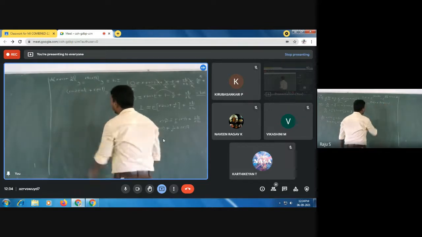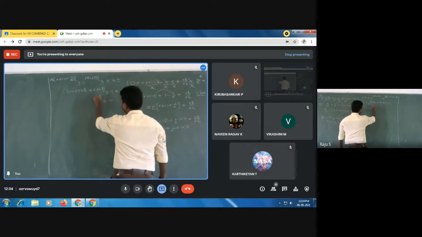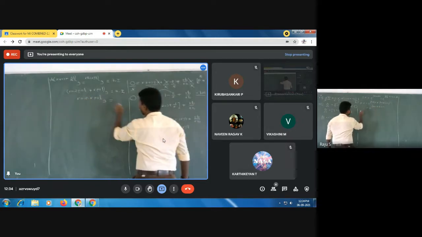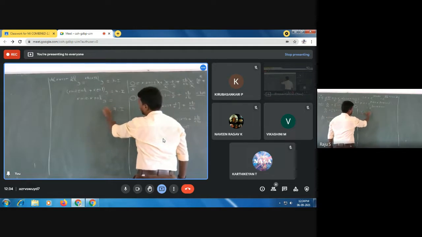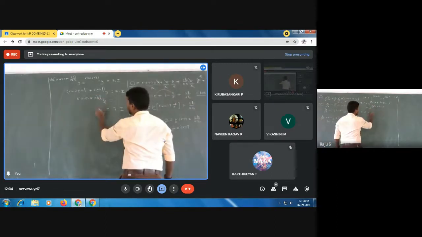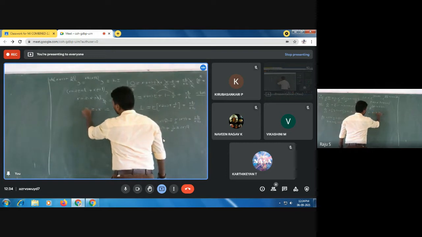Okay, log a plus log b, log of x into sin x. What about e and log? Finally, what is the integrating factor? Integrating factor, yeah, can cancel, x into sin x.